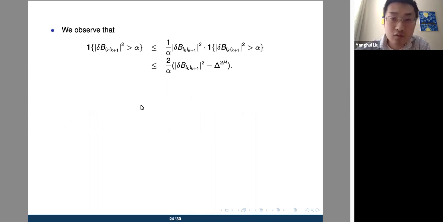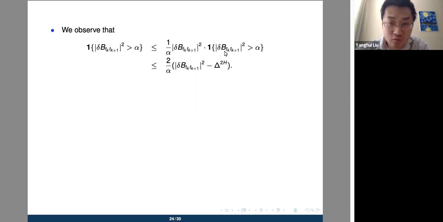Let's do some estimates for the indicator function. Remember, we want to get a bound in the finite chaos. First, we can bound this indicator function by 1 over alpha times the square of the increment times the indicator function.